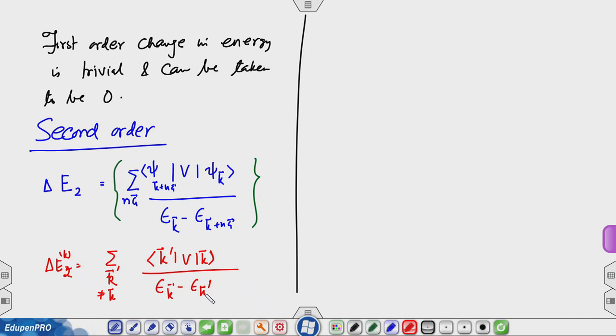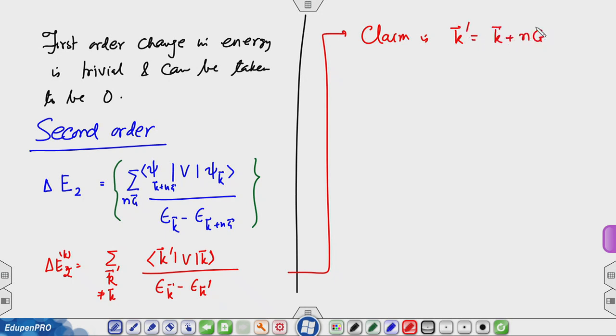And what I am claiming now is that k prime is going to be only that k plus n g. So claim is that k prime is equal to k plus n g. Only k, or if you add n g to k, only those contribute to the second order energy.